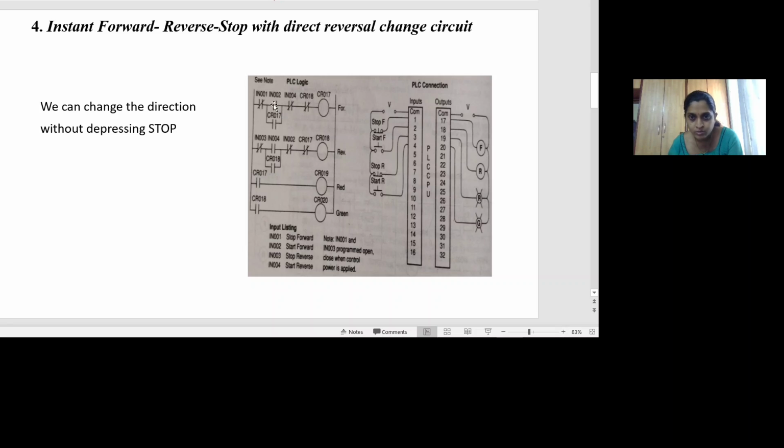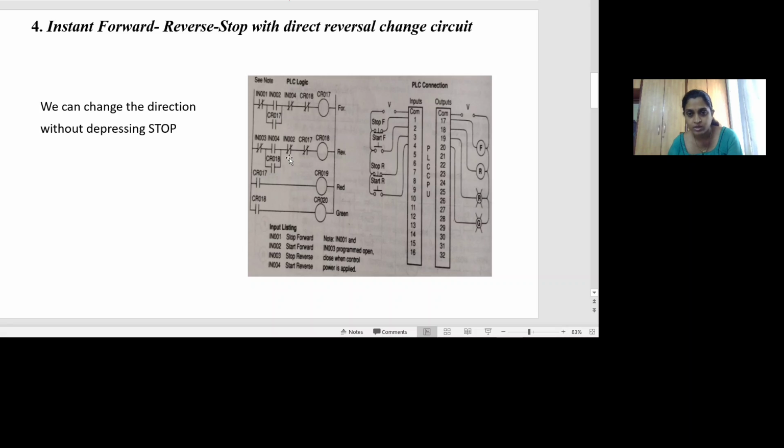Similarly, here you can observe the start contact in the forward direction, IN002. It is taken as an NO contact in the first line, whereas in the second line the same IN002 contact is taken as an NC contact. That is, whenever I energize, the contact in the first line, which is NO, will close.